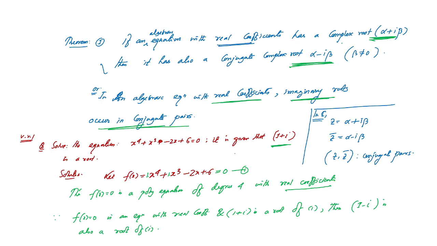So 1 plus iota is a root, that means 1 minus I is also a root. So we know if alpha is a root, then x minus alpha is a factor. Therefore we can say x minus 1 minus I is a factor, as well as x minus 1 plus I is also a factor.